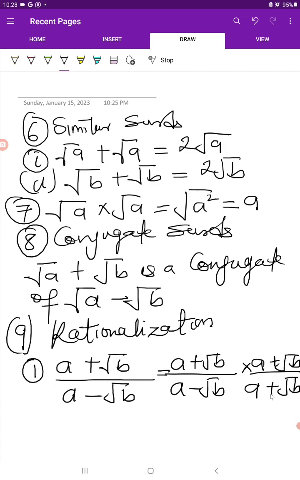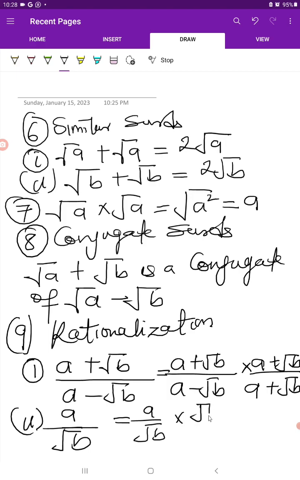If you divide this and this, you still discover it's 1. But in rationalization, what we do is change the signs of the denominator, so it will make it easy. Another one is a over root b, which can be written as a over root b times root b over root b. So these are the laws of surds.